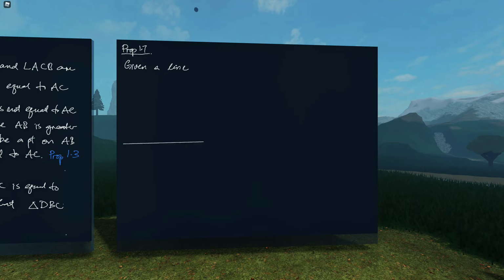Given a line AB, so this is the line that we've got, and two other lines which intersect, whose endpoints are also on the line.